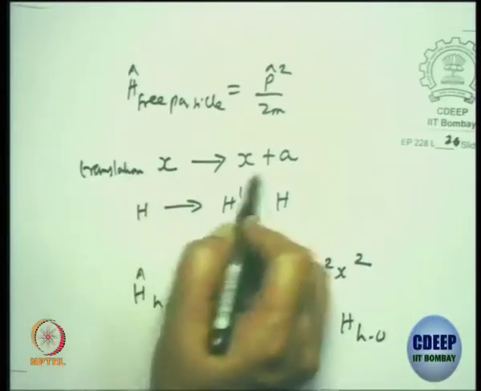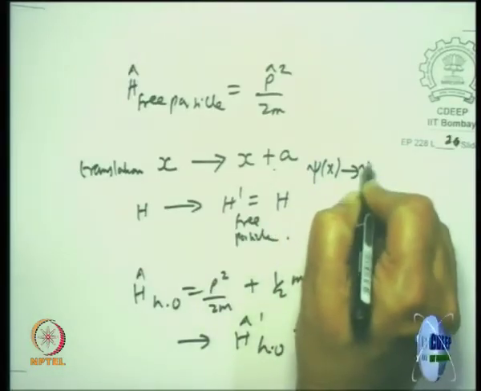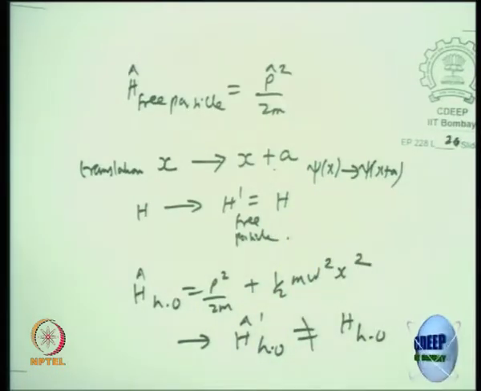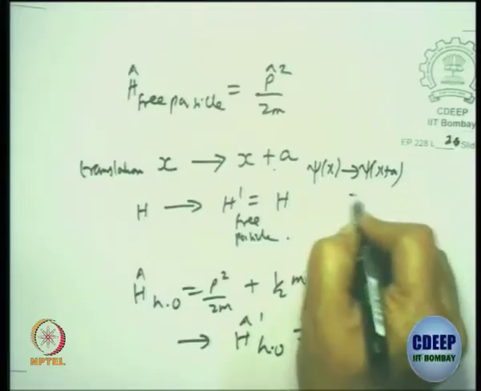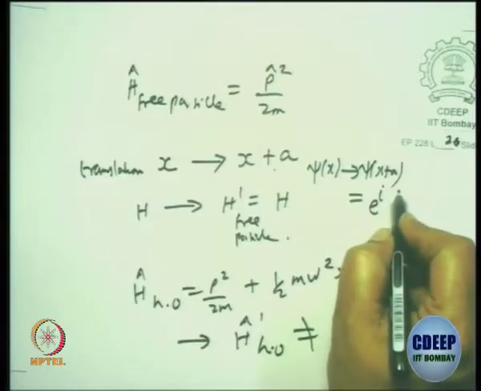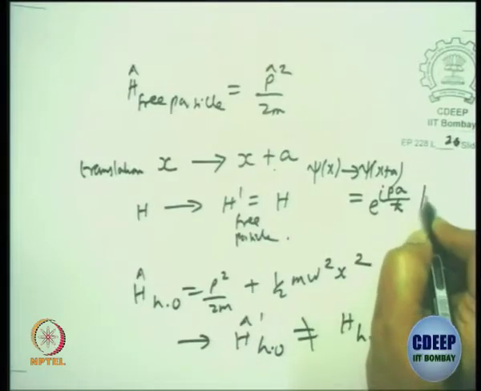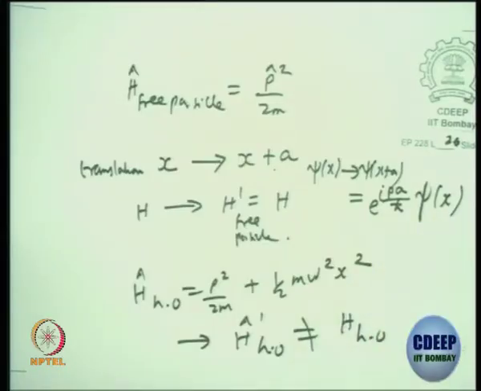And when I do this transformation, any wave function psi of x goes to psi of x plus a, and I could rewrite this as e to the power of i p a by h cross on psi of x, right? This is what we have done in your assignment. It's a Taylor series expansion which I have compactly written.